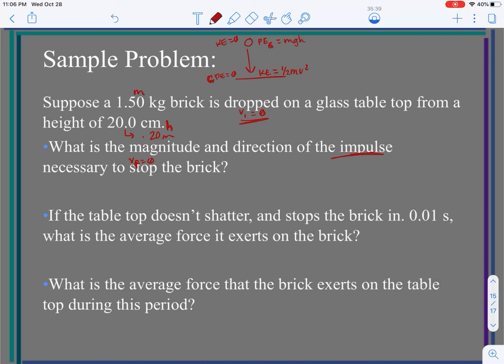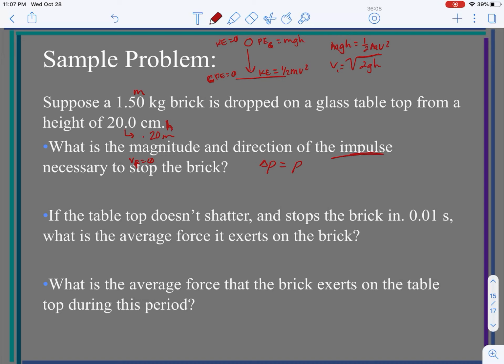So what we would need to do is first do a calculation where we know that the potential energy at the top is transferred to kinetic energy at the bottom, and we would actually need to calculate our velocity when it reaches the glass table. Okay, so this velocity here would actually serve as our initial velocity for our calculation.